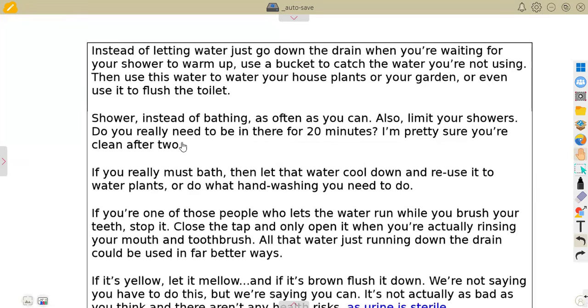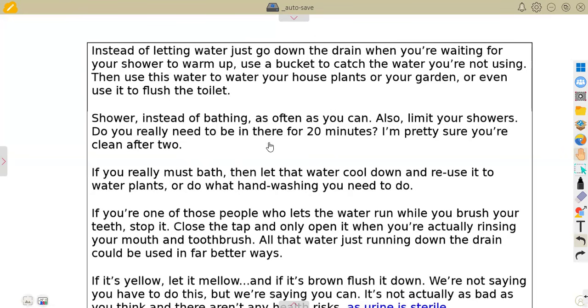The other phrase, take a shower instead of bathing as often as you can. Also limit your showers. Do you really need to be in there for 20 minutes? So can you see here, the writer is asking us to say, would you spend 20 minutes in the shower?